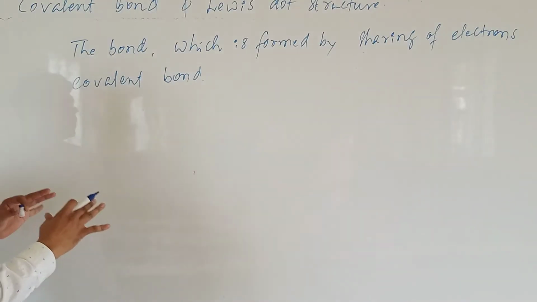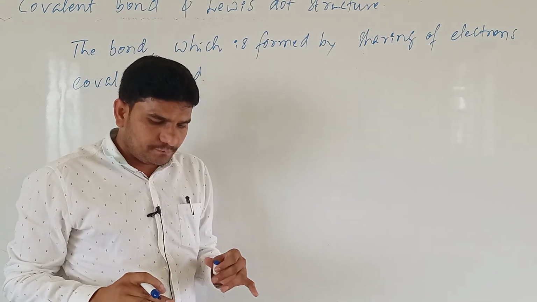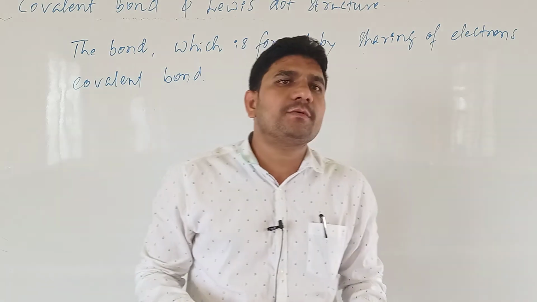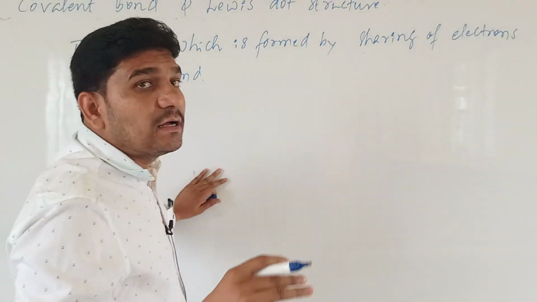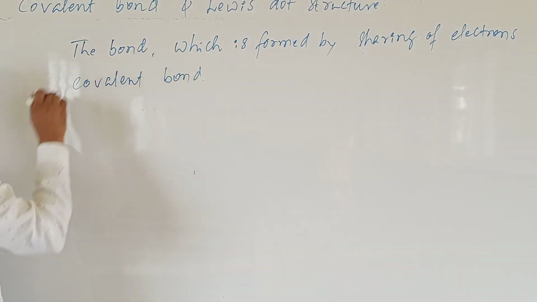See, this formation of the covalent bond was explained by the scientist Lewis through his structures called Lewis dot structures.